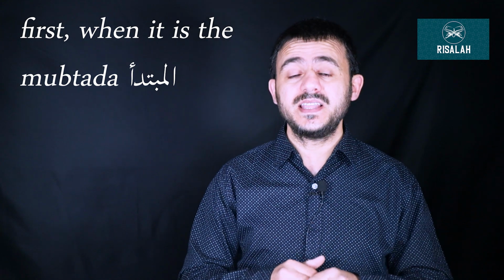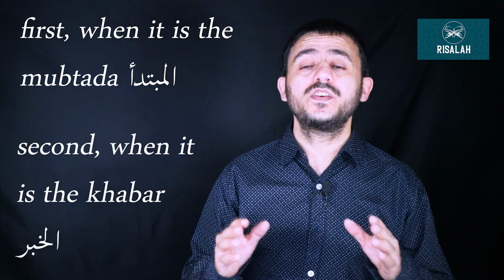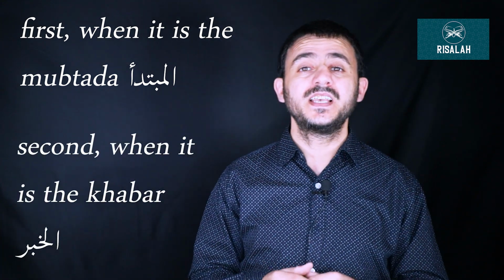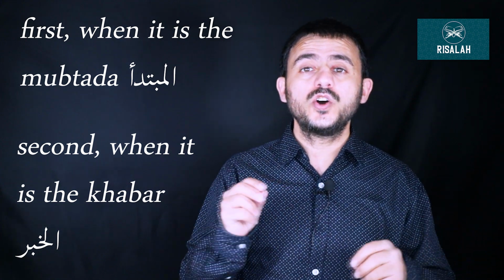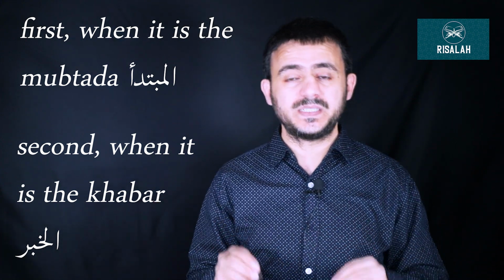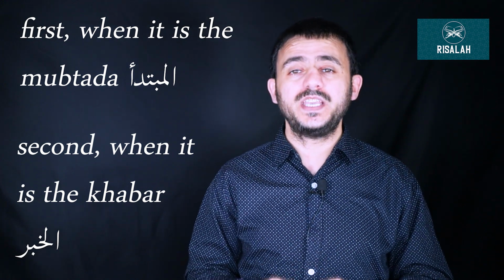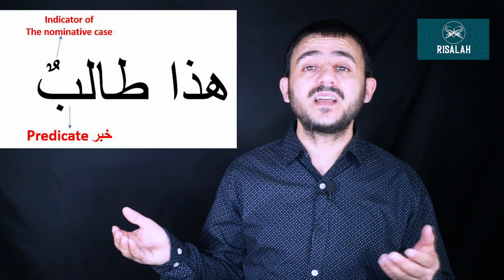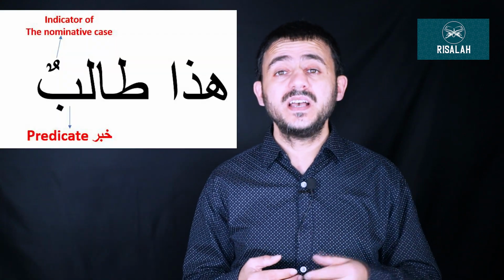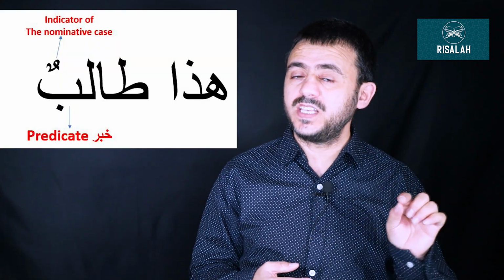So what is the second possible situation where we can have a noun in the nominative case? Yes, in the predicate of the equational sentence. If it is the khabar of the al-jumla al-ismiya, the predicate of the equational sentence. For example, هذا طالب. This is a student.